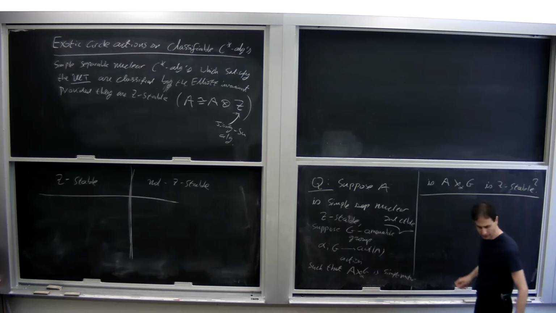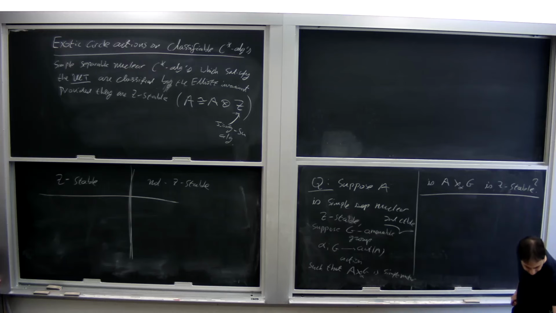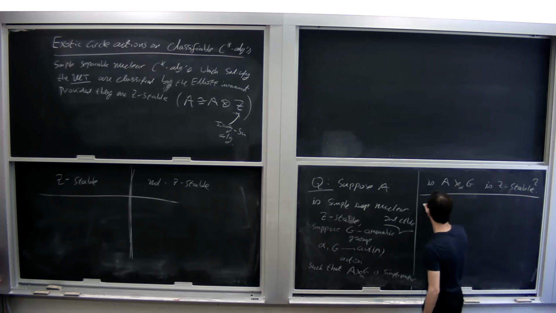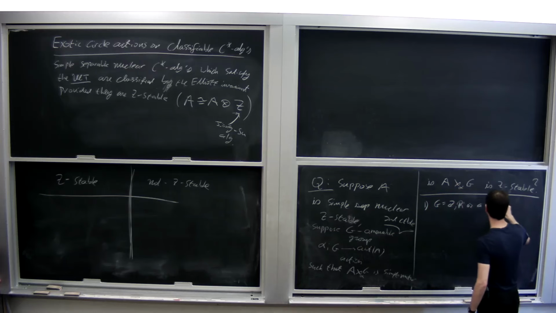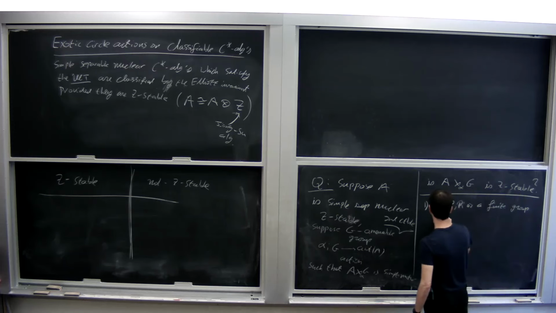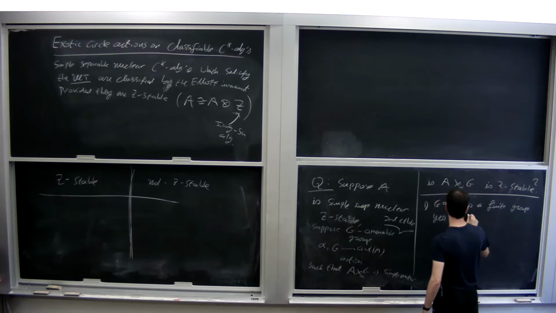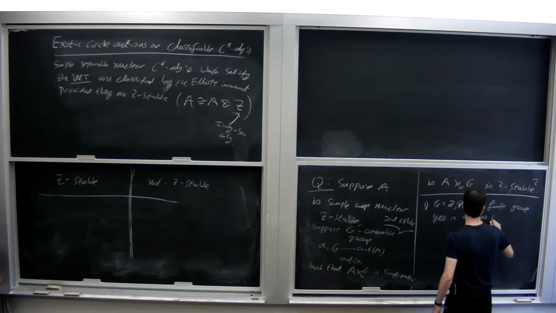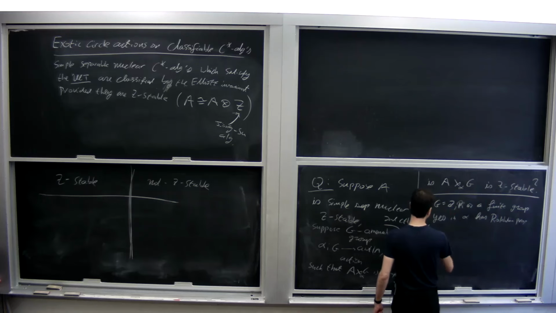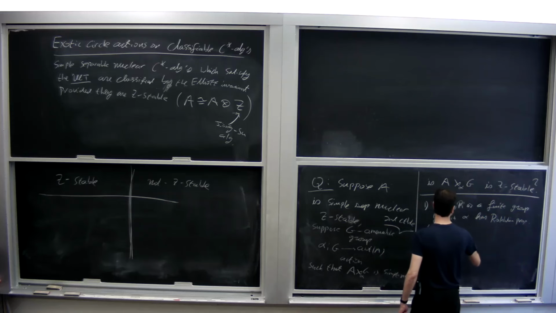So let's list some known results in the discrete setting. So if G is the integers or a finite group, then yes, if the action has the Rokhlin property, these were results of myself and Wilhelm Winter.